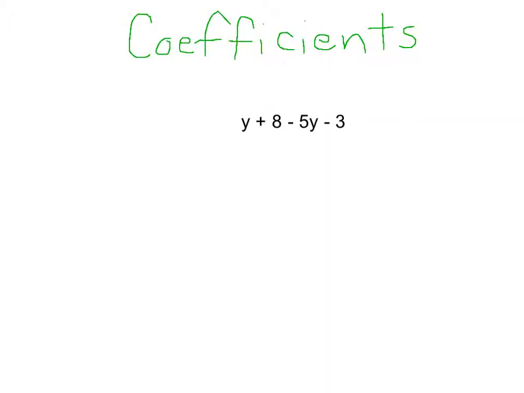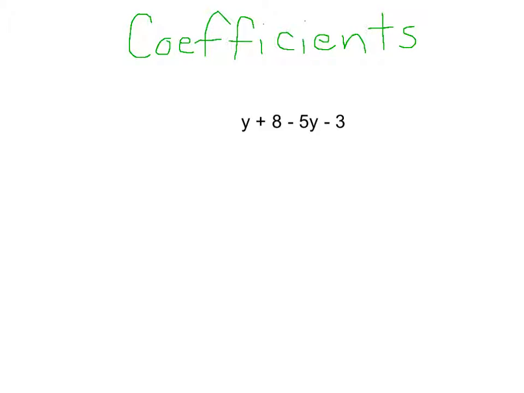Next, we've got coefficients, okay? Coefficients. Well, to help you remember what this word means, just look at the front half, co. Can you think of when we've stuck co on the front end of a word? It usually means with, or to participate with, or to do something with. So when we're looking for a coefficient, we're looking for some numbers that cooperate with other things in the problem.